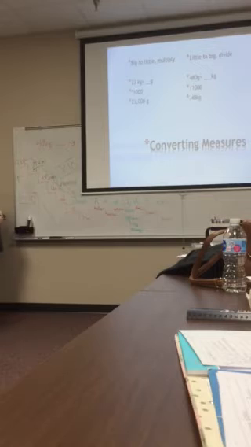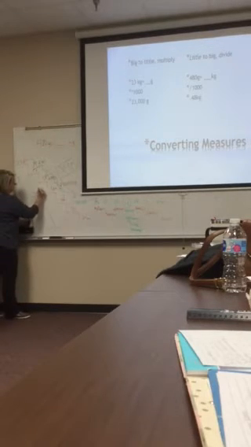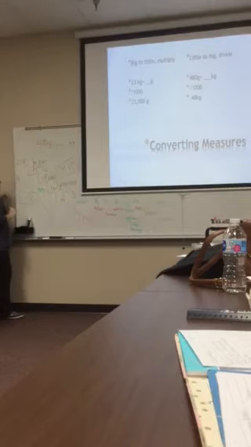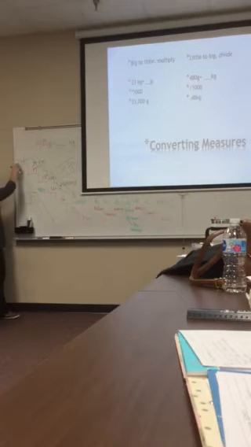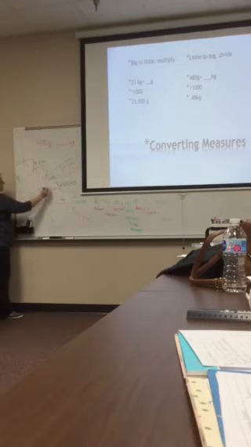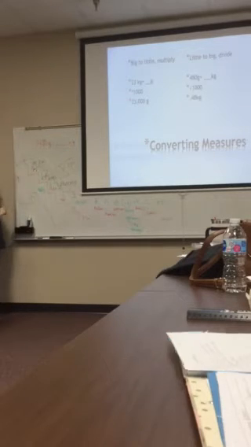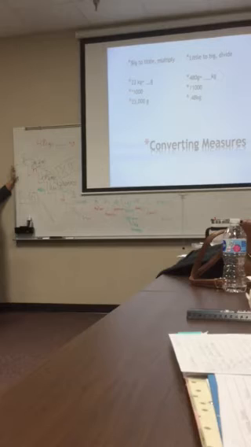So I'm starting at 480 grams, and I'm taking steps up to kilograms. So I'm taking 1 step up, 2 steps up, 3 steps up. This is slightly more complicated because division is slightly more complicated than multiplication for most people.